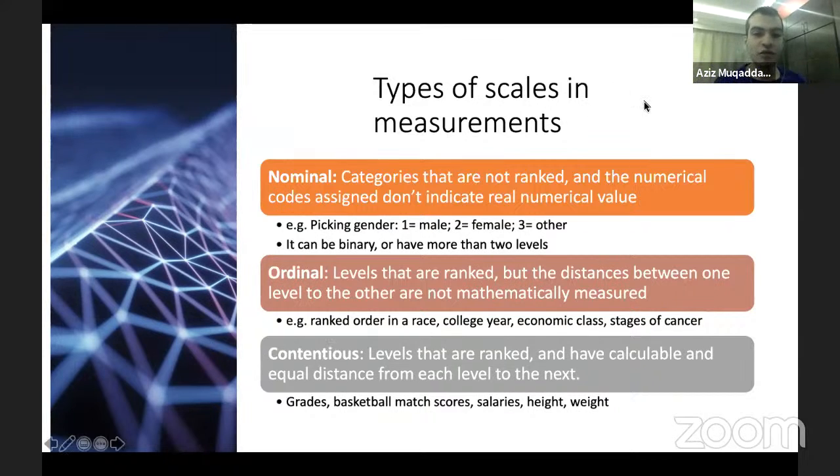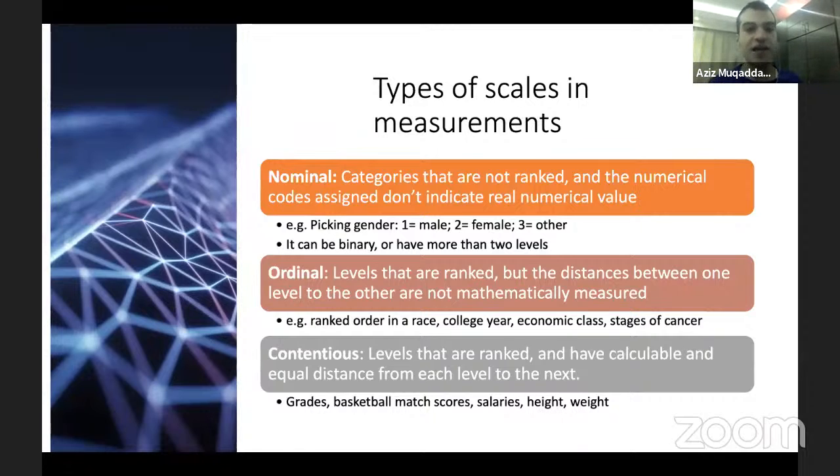Okay. Thank you. So those are things like ranks in a race, or college year, because you don't know the difference between sophomore and junior unless we count the credit number, right? You could be only one credit away from becoming a senior, and another student could be 6 credits away from becoming a senior, but both of you are still ranked as junior, right?